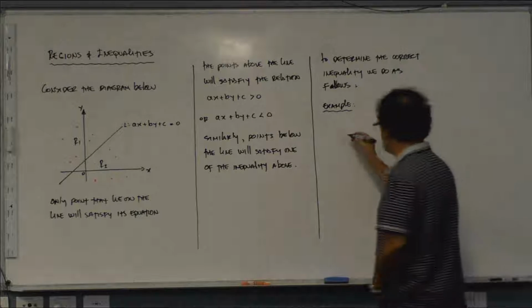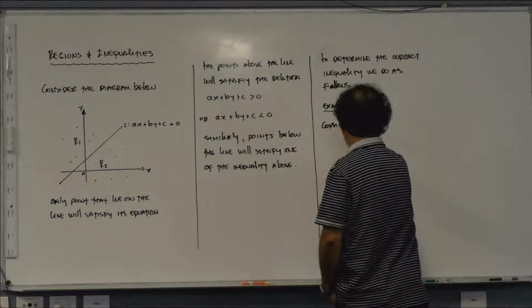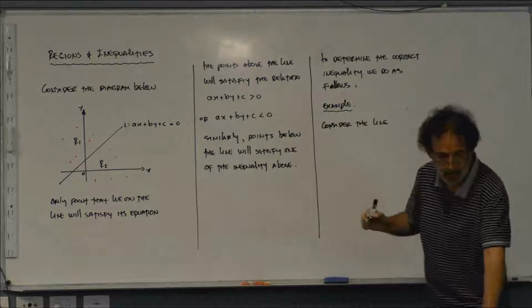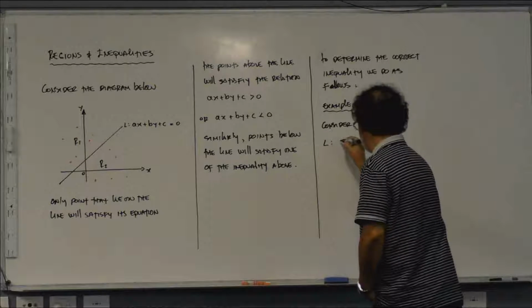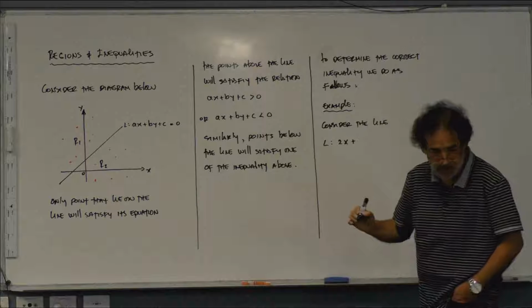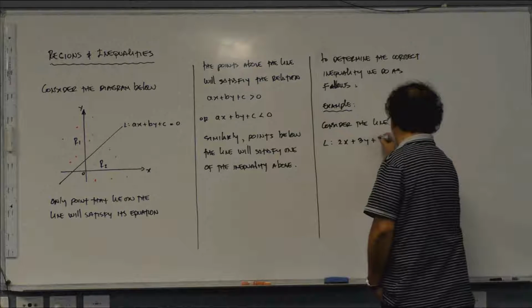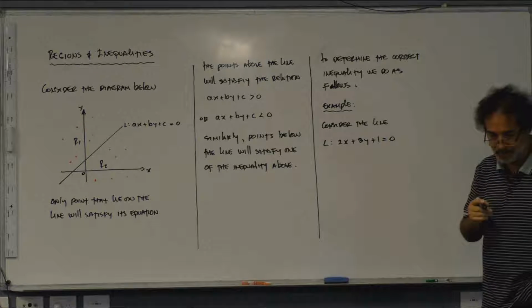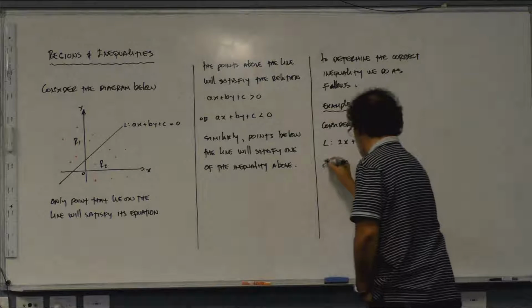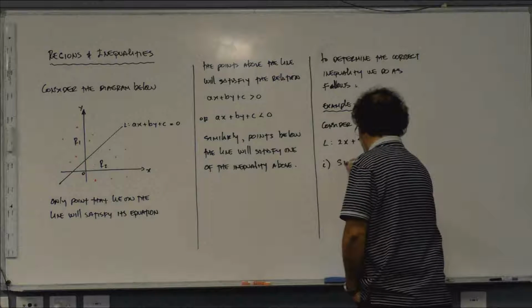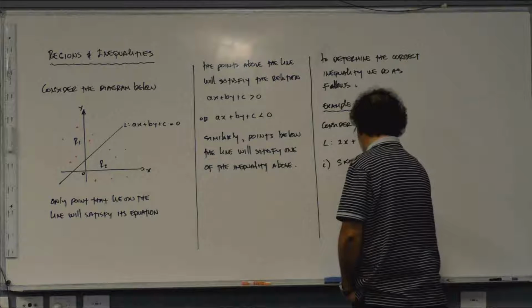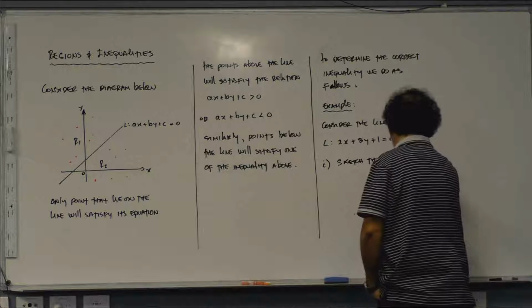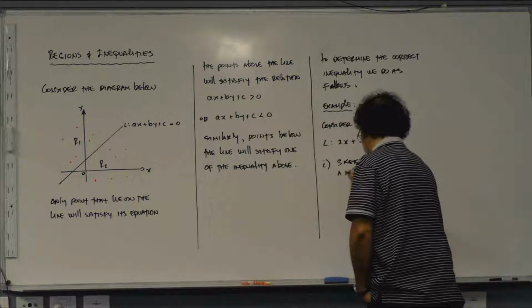Example. Consider the line L: 2x plus 3y plus 1 equals 0. Number 1, sketch the line on a number plane.